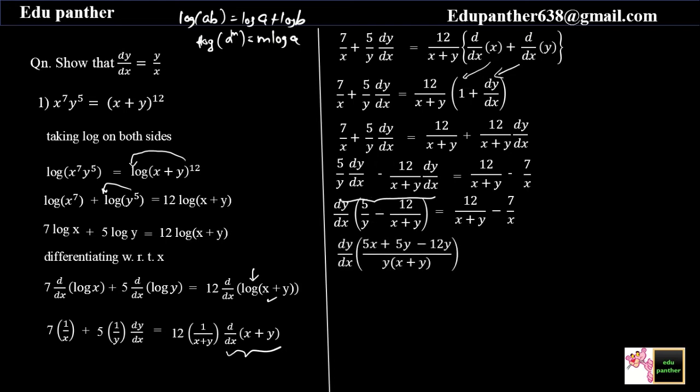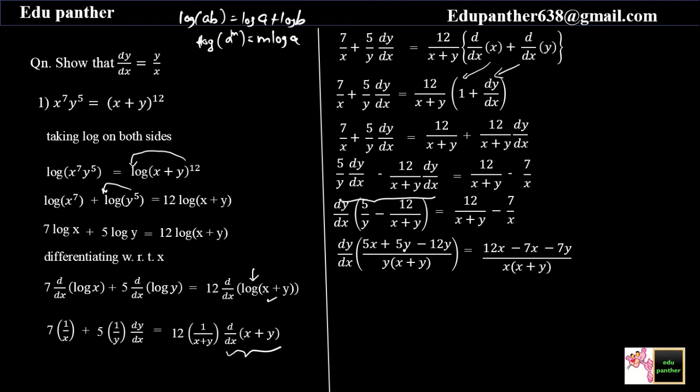So after cross multiplication on the left hand side we'll get 5 times x plus 5 times y, then minus 12 times y upon, multiply the denominators, y into x plus y, which is equals to, same cross multiplication on the right hand side will give us 12x minus 7x minus 7y upon x times x plus y.